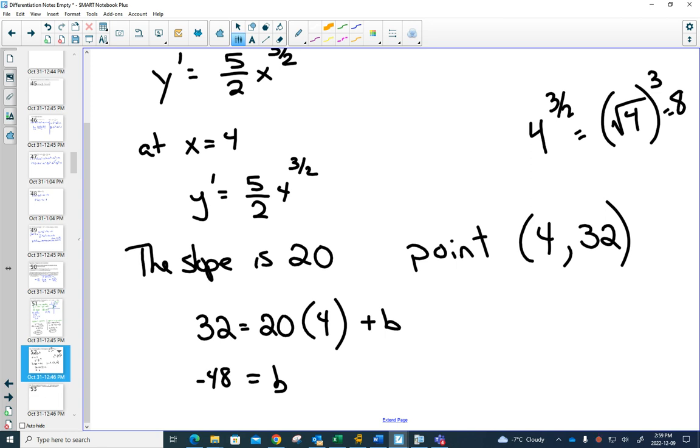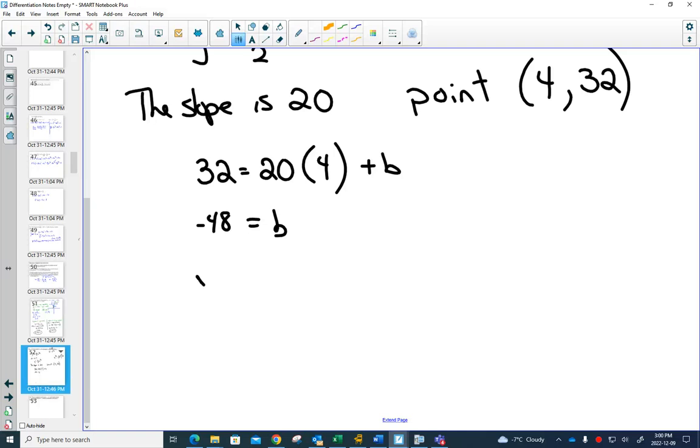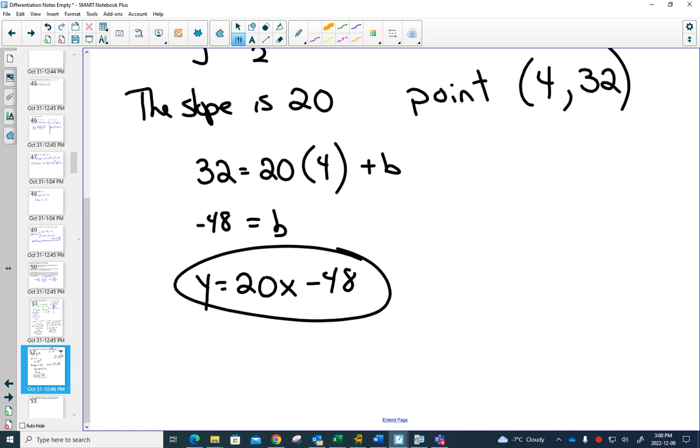And b would equal negative 48. So your equation then is y equals 20x minus 48. If you wanted to use your point slope formula, y minus y1 equals slope times x minus x1.